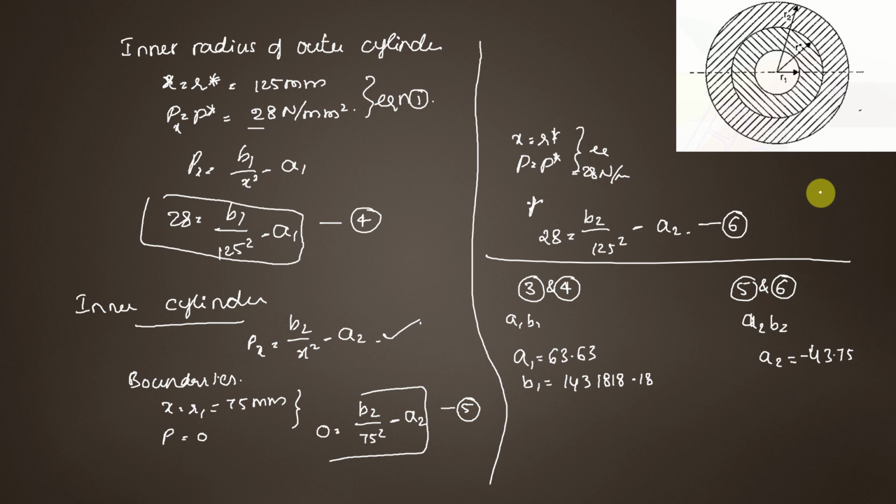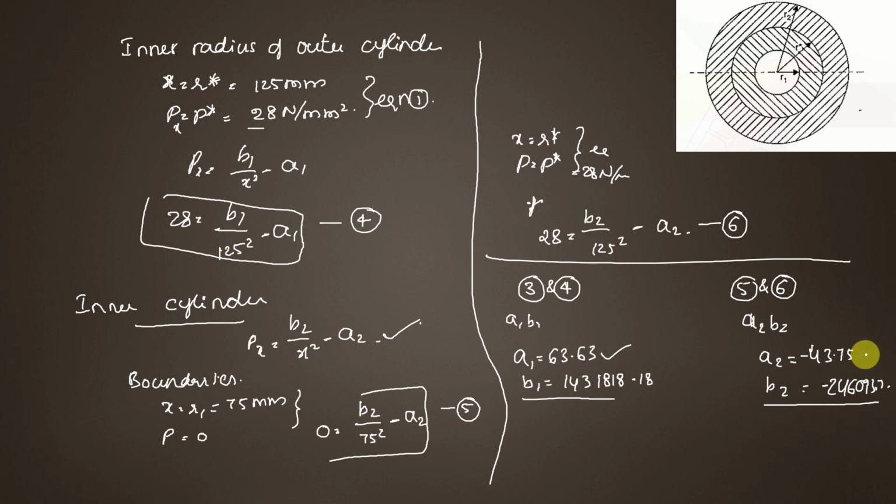That will be minus because it is under compression. These are all inner cylinder, right? Inner cylinder is under compression, so you will get the constants also in negative. B2 is minus 246093.75. So of course we don't need the values of b1 and b2. Just for your verification I have given them to you.